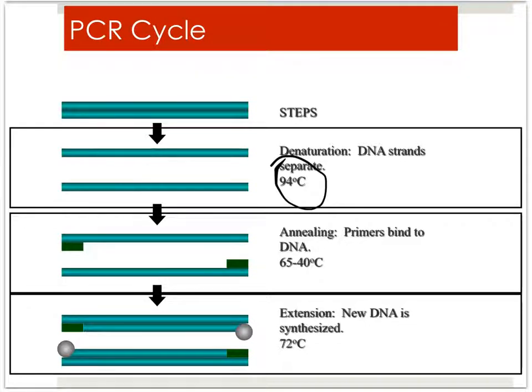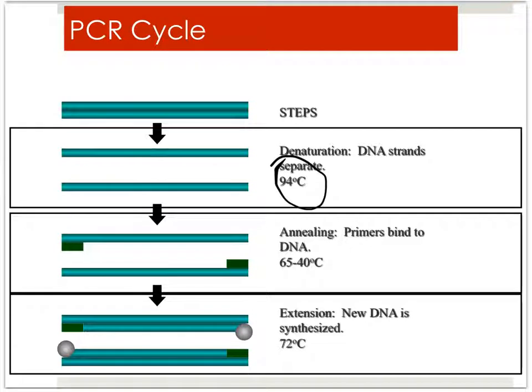It's a thermocycling method. The first step is denaturation, heat-treated. The second step is annealing. Annealing what? Annealing a primer. Okay, and we'll look at what primers are, but everybody is clear what primers are? Short oligo sequences that are complementary to the gene you are targeting.